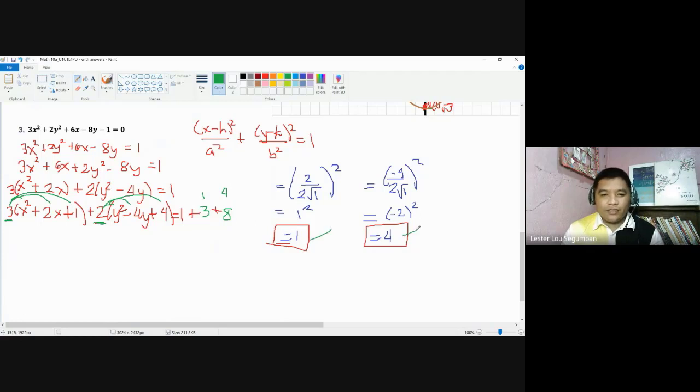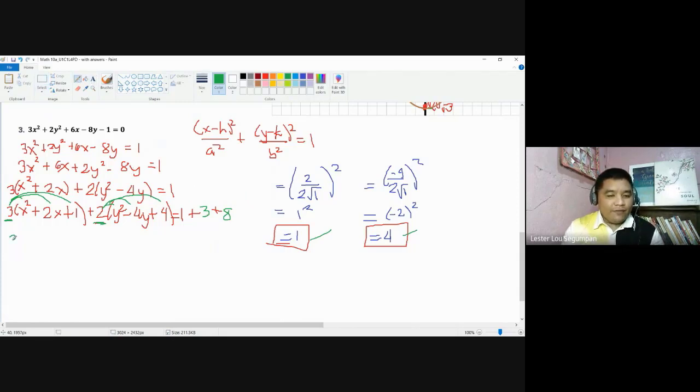Whatever you solve here, yes, they are the ones to be added for these expressions to become perfect square trinomials. But for the other side, to retain equality, it's not 1 nor 4 because it's actually 3 and 8, since there are coefficients right outside them. So just to correct that one.